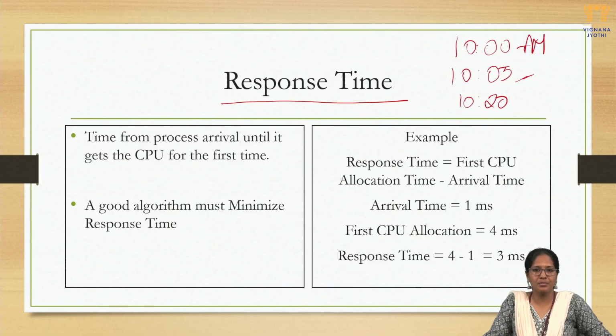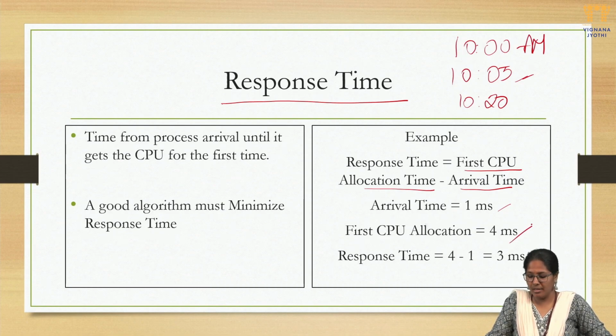The formula for response time is equal to first CPU allocation time minus the arrival time. Suppose a process arrives at 1 millisecond and gets the CPU allocation for the first time at 4 milliseconds.